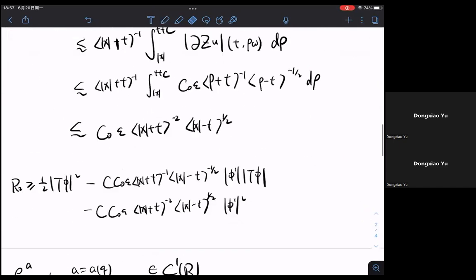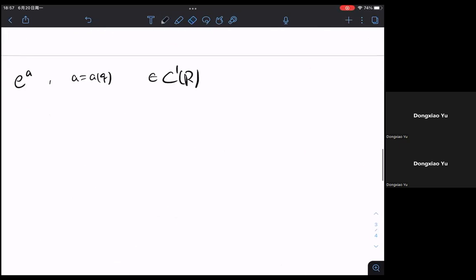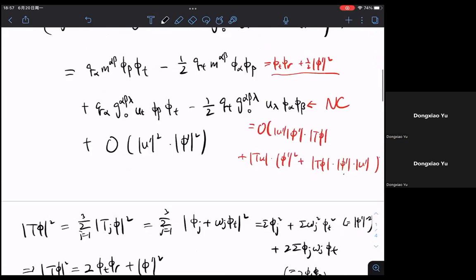So it is important now to estimate the following thing, that is, R1 plus A prime times R2.